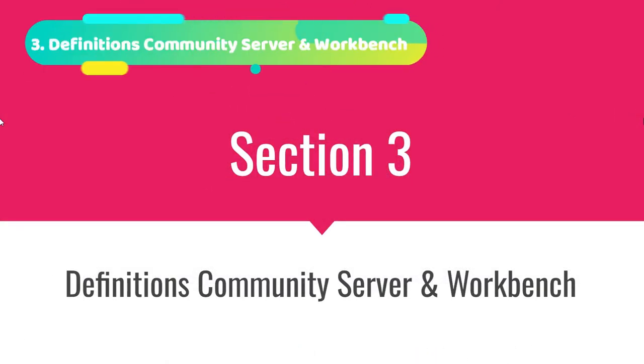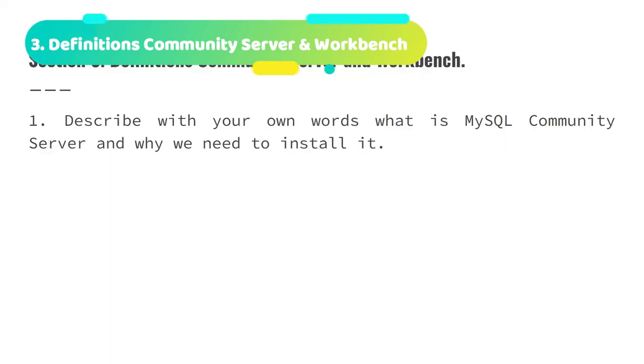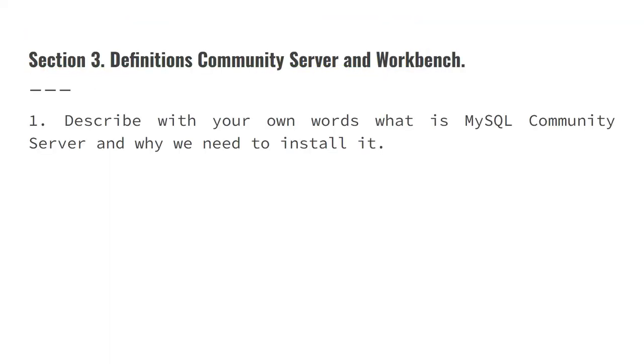Okay, let's go to section number 3. MySQL Community Server is an open source relational database management system, and it's used for storing and managing data in applications. It is very used in the world of coding and databases, and it's essential for applications that require organization and efficient data management.